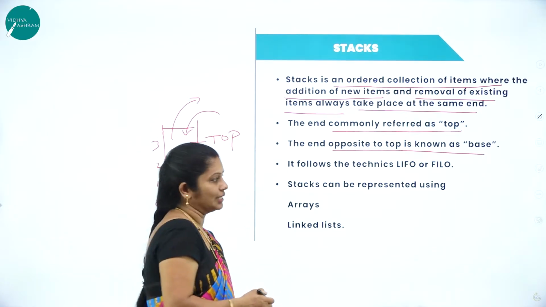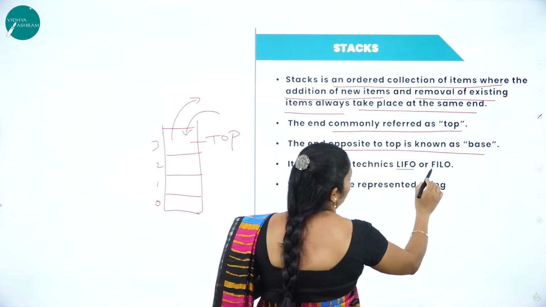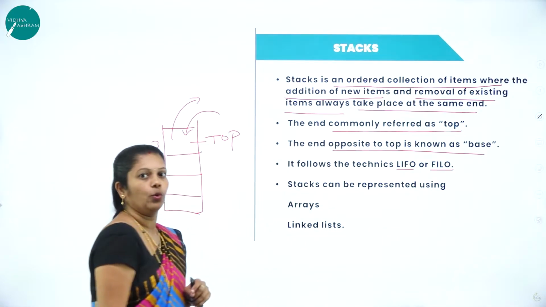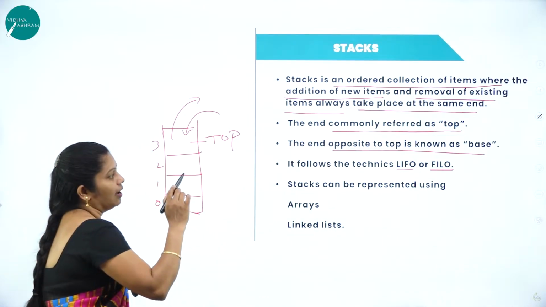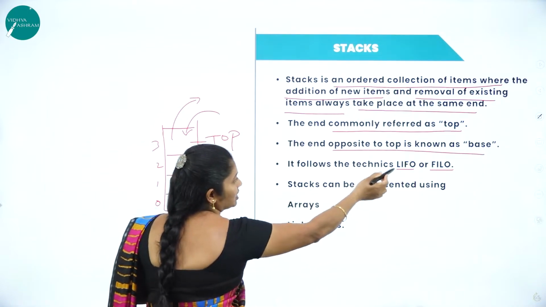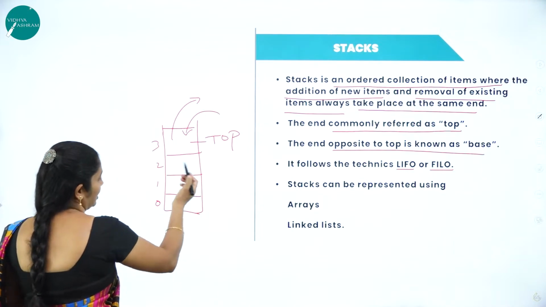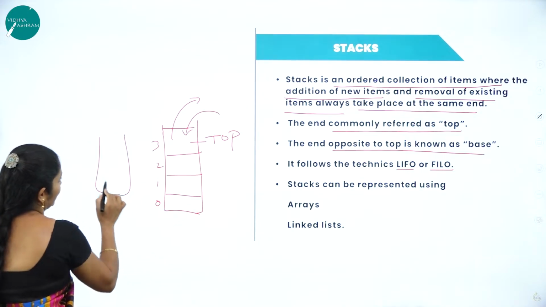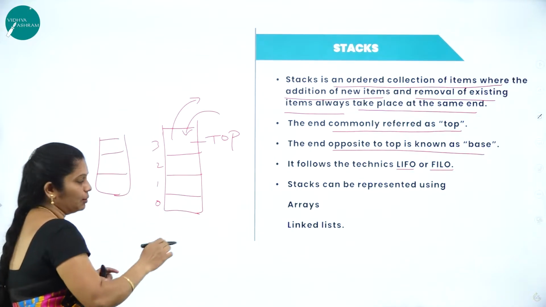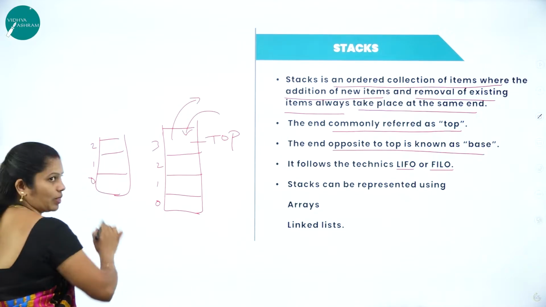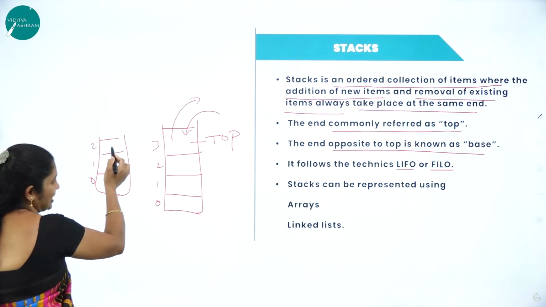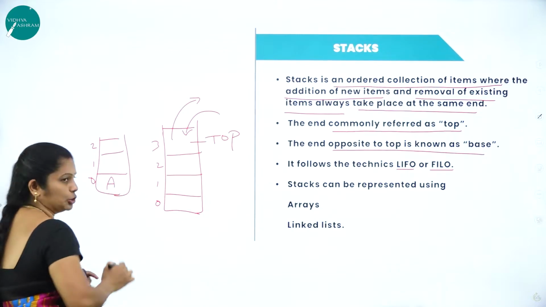Here it follows the technique LIFO as well as FILO. What do you mean by this? Last in, first out, first in, last out. For example, consider I have one container here. On this, first I am going to insert the values, 0, 1, 2. When I insert a value, it will not stand here, it will come and sit here at position 0.